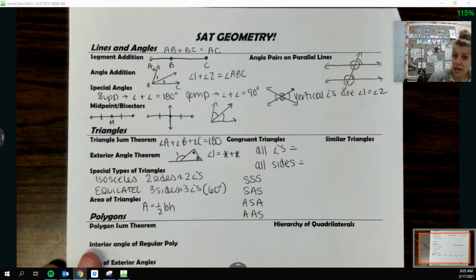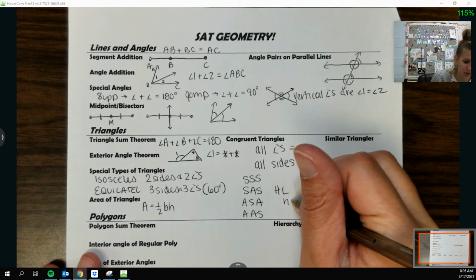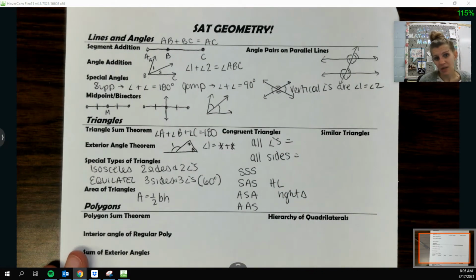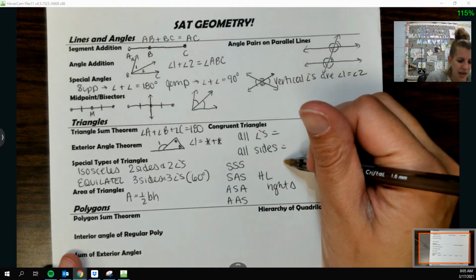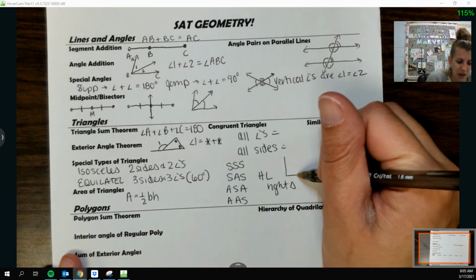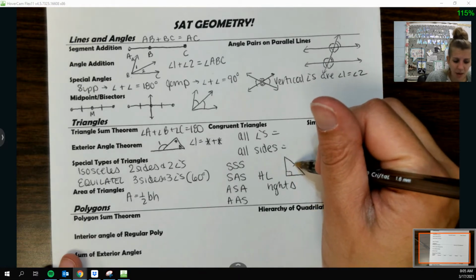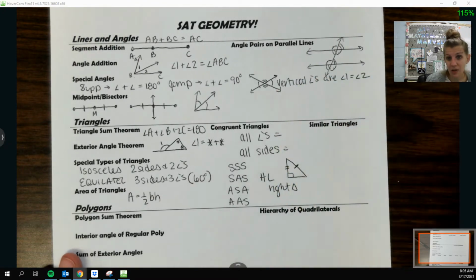We also used the hypotenuse-leg theorem, which is specifically for a right triangle because right triangles have hypotenuses. And with the hypotenuse-leg theorem, if you think about the marking of it, I have to have a right triangle. My hypotenuse is congruent to another hypotenuse, and a leg is congruent to another leg.